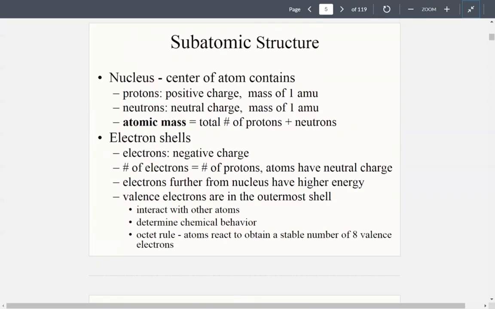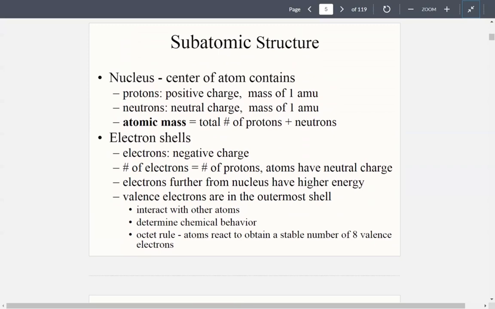All right, so every atom, as I mentioned, has protons, neutrons, and electrons, and they're arranged in such a manner that the neutrons and protons will be found in the center of the atom and make up its nucleus. Every proton and every neutron is going to have a mass of 1.